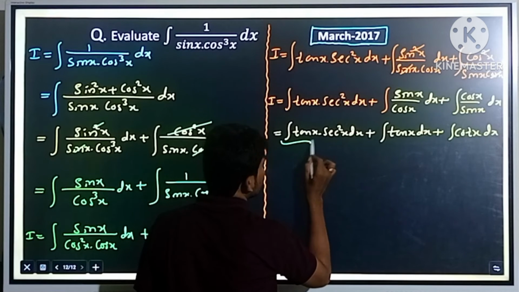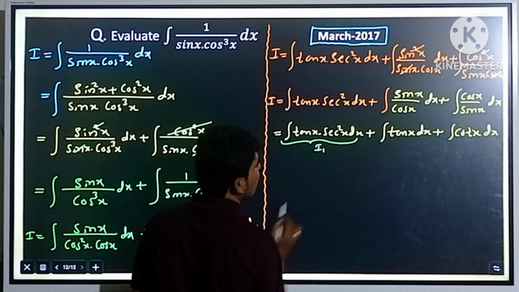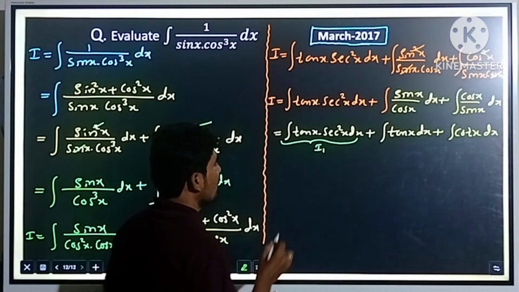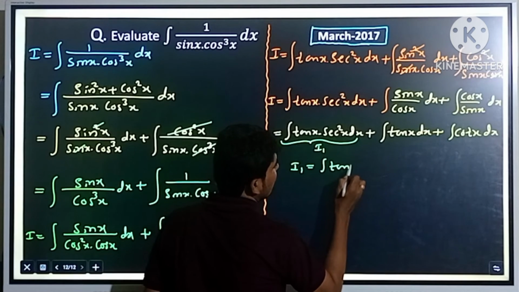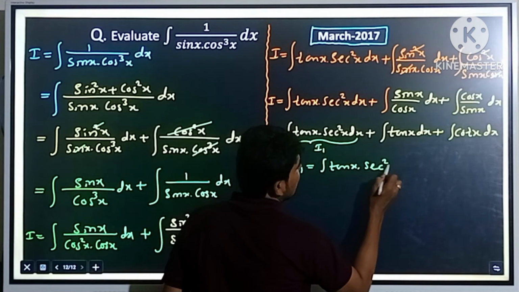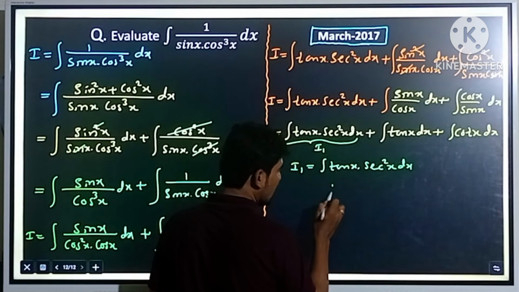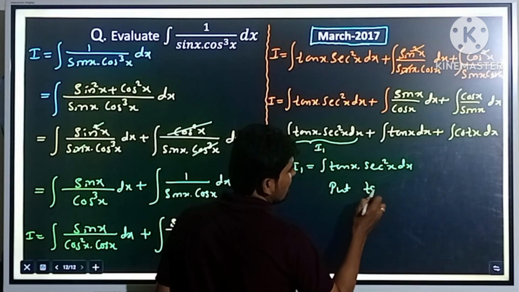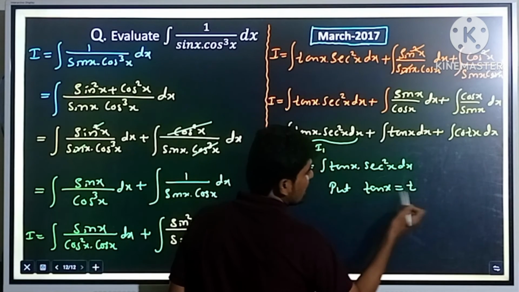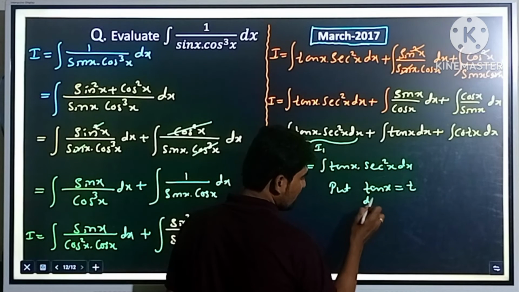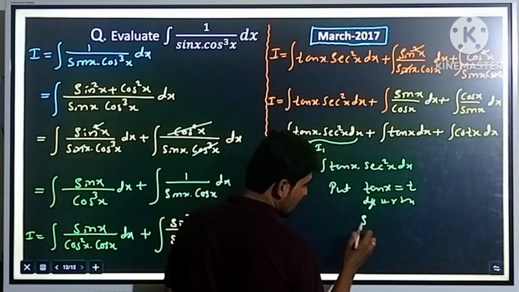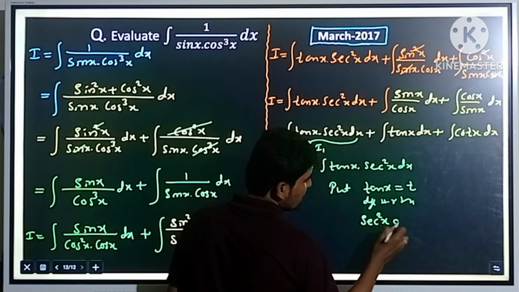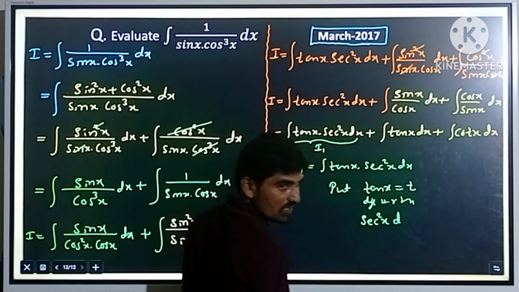Firstly I am going to solve this I1, where I1 is integration of tan x into secant square x dx. Here I am going to substitute tan x equals t. T is a function of x. Therefore differentiate with respect to x. The derivative of tan x is secant square x dx is equals to dt.